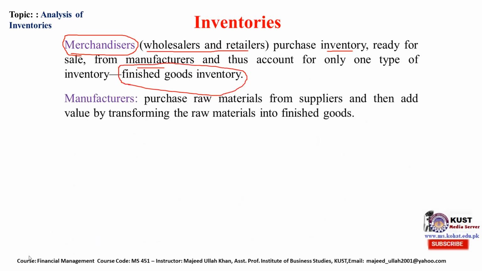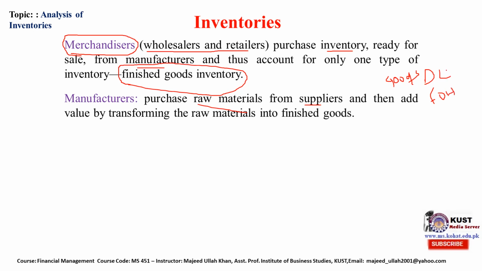But in the case of a manufacturer, the manufacturer purchases raw material from a supplier and then adds value, meaning these raw materials are converted into finished goods by adding direct labor and factory overhead, FOH.